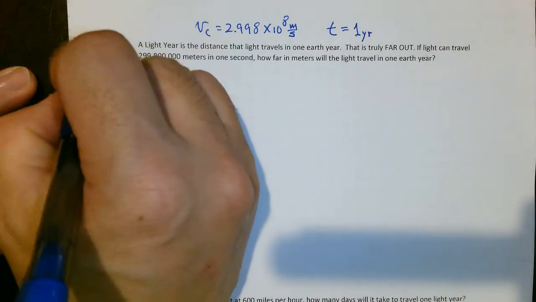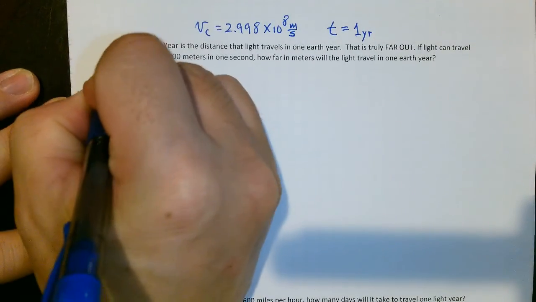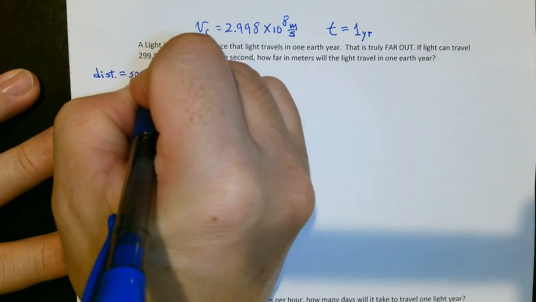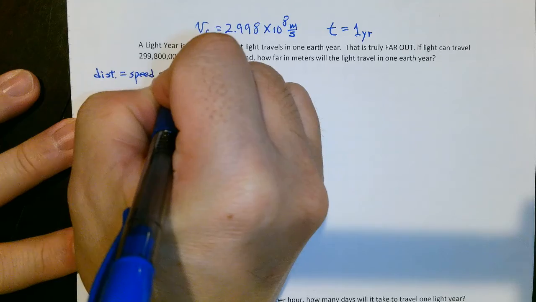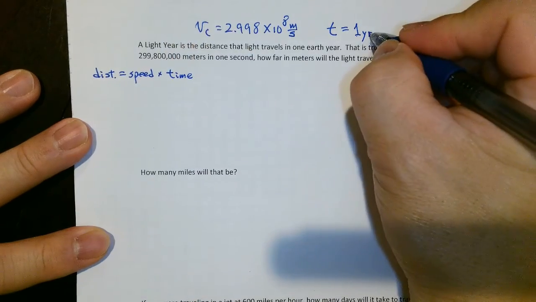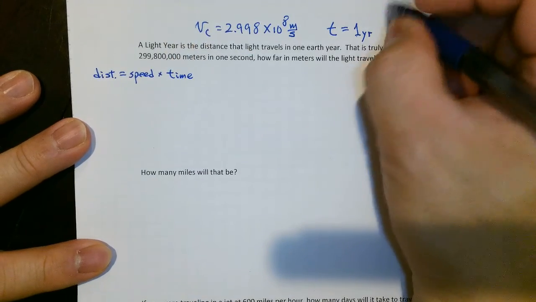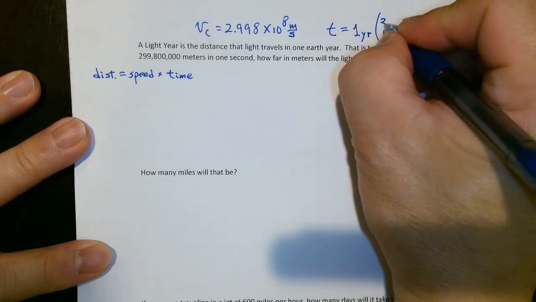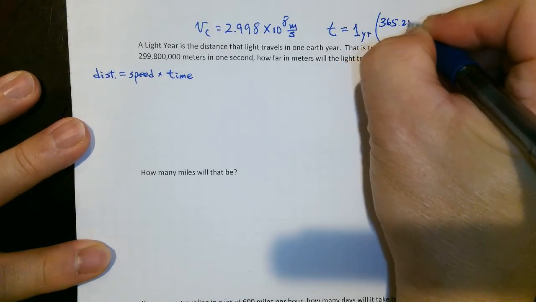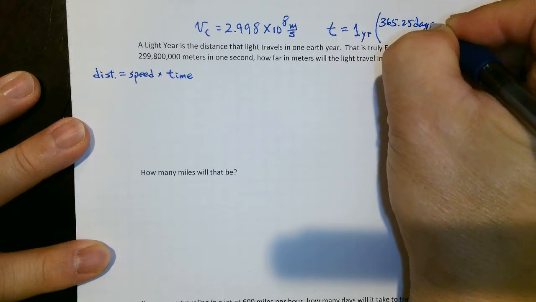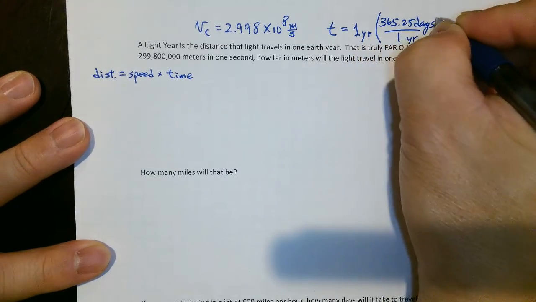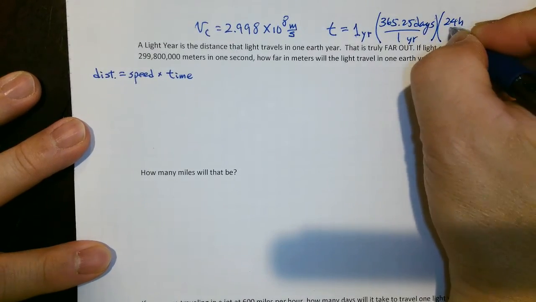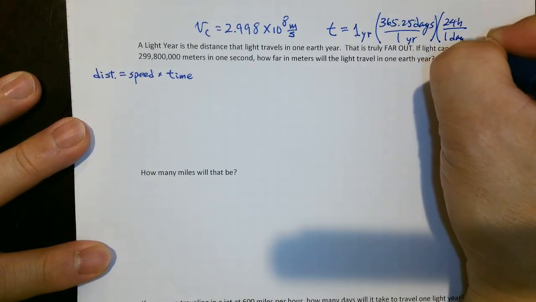All right. So since distance is equal to speed times time, we have to have this in the correct unit. So let's multiply this 1 year by 365.25 days in 1 year. And then, of course, there are 24 hours in 1 day.